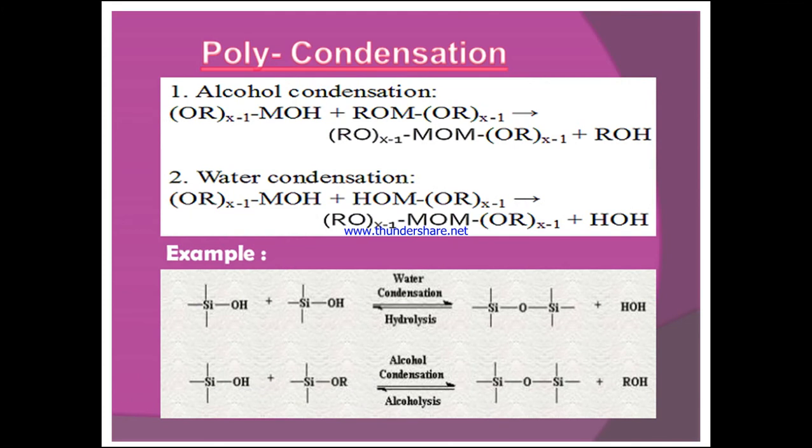Next is the poly-condensation process. In the poly-condensation, the colloidal suspension that we have got, the metal hydroxide, does not dissolve with water. The metal alkoxide, with OR as the alkyl group, is reacted again with the MOH, that is the metal hydroxide, to get the gel.